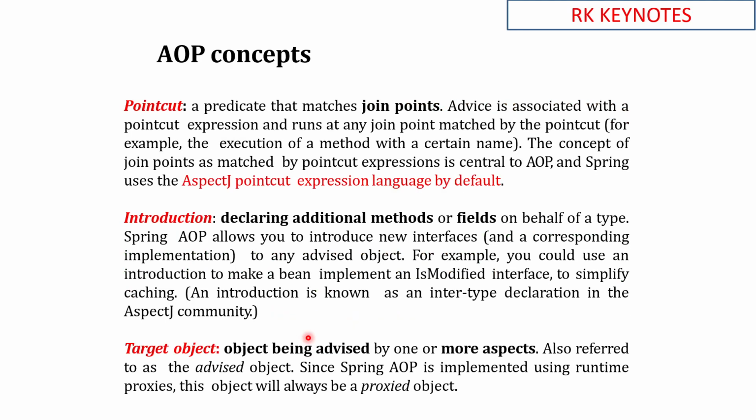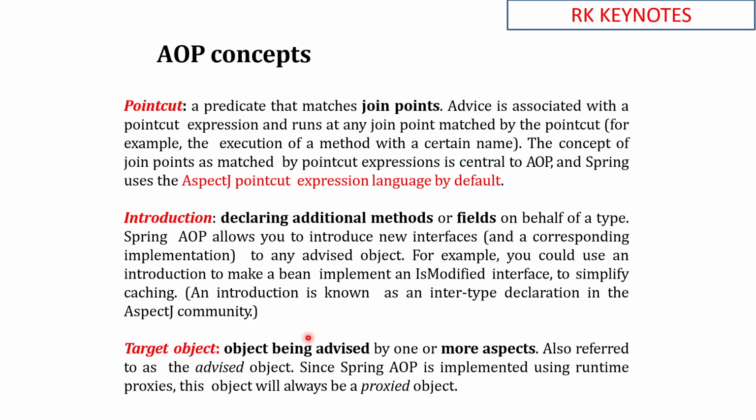Then pointcut, which matches the join points, because we have split our business logic into different aspects. Pointcut means which particular module should be joined with what for the execution purpose.